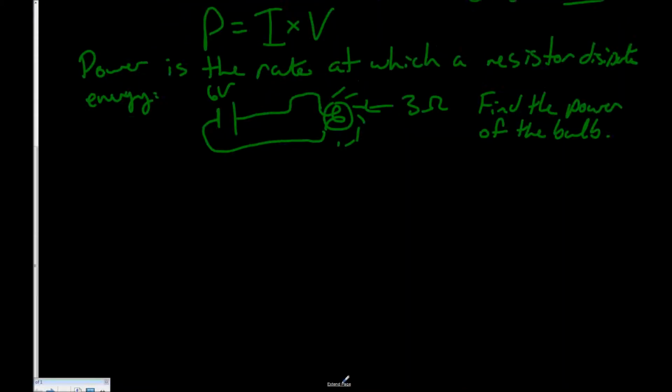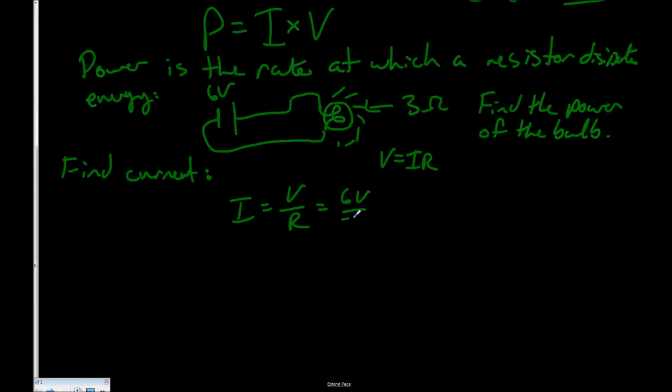So find current. This is a simple circuit. If we want I equals V over R, we should get 2 amps flowing there.